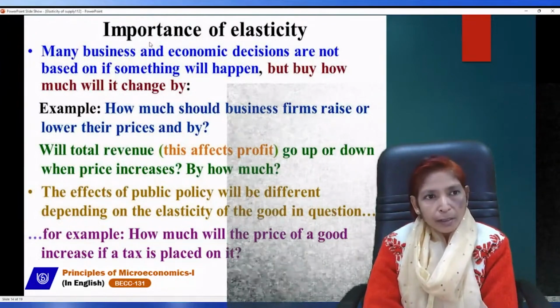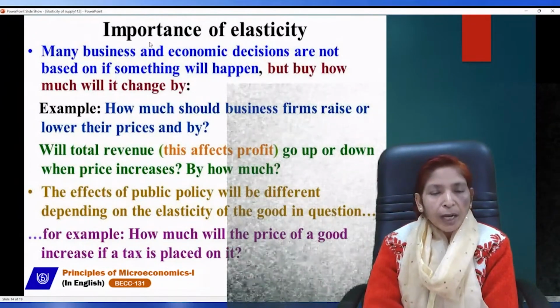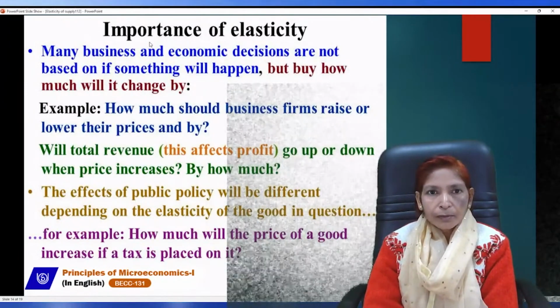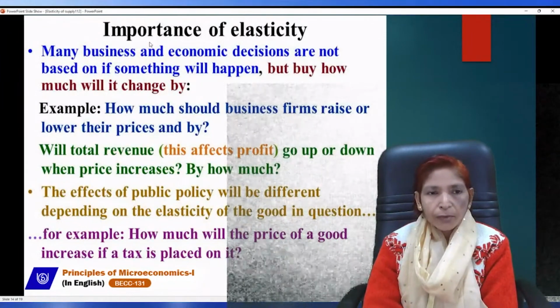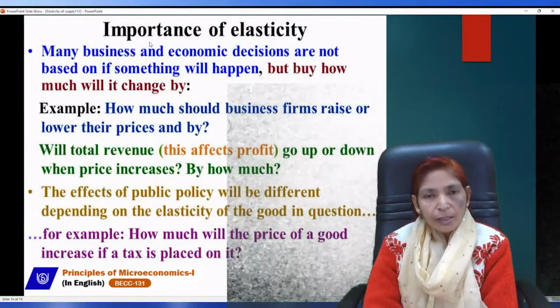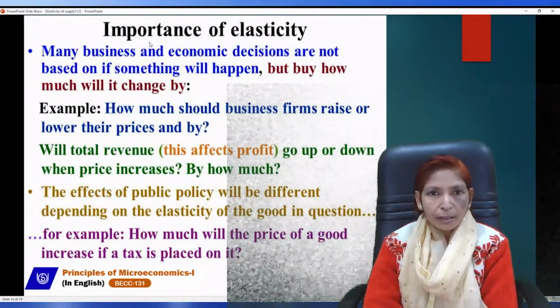Now the next topic is importance of elasticity. Why do we study this elasticity concept? I have discussed with you elasticity of demand. Today we have discussed here elasticity of supply. Why are we studying elasticity? What is the importance of elasticity?